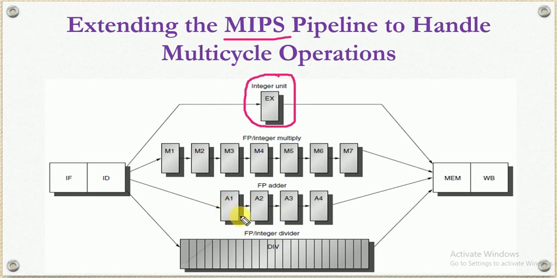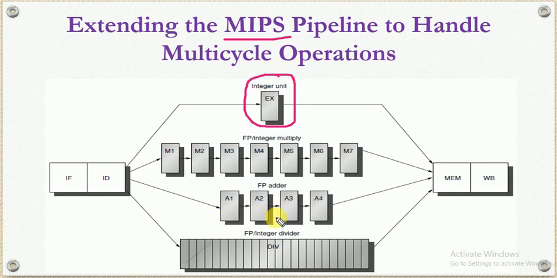Different instructions can utilize these stages in different clock cycles. So for multiplication, we are considering the usage of 7 clock cycles, and for the FP adder, the usage of 4 clock cycles.